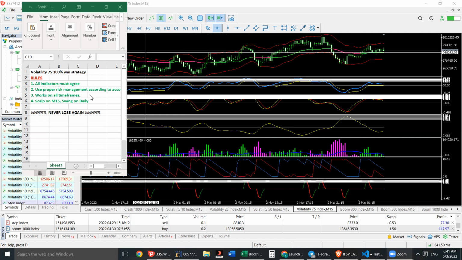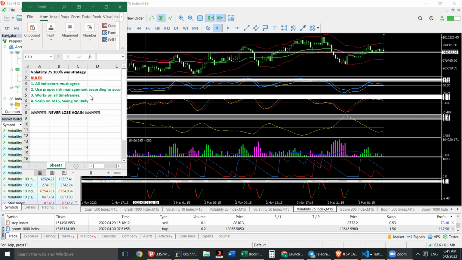I usually scalp on the 15-minute, and also when I'm trying to grow a small account, I use the 15-minute for the strategy, because when you're on the daily and you have a small account, any small move in the market on the daily time frame can blow your account, or you can quickly hit stop loss.